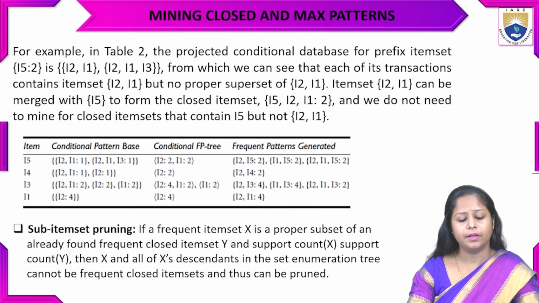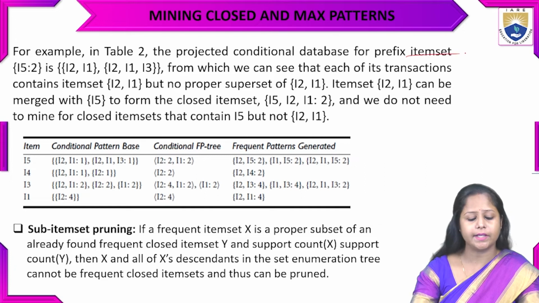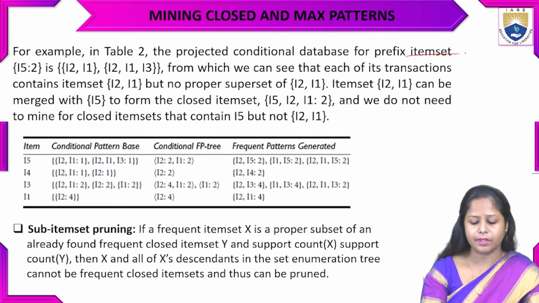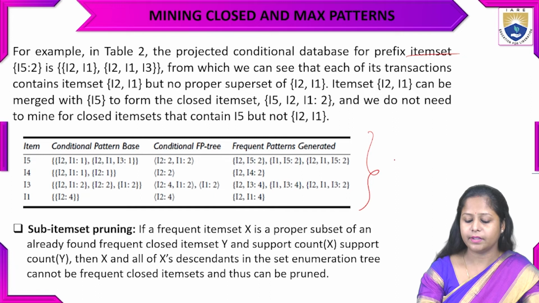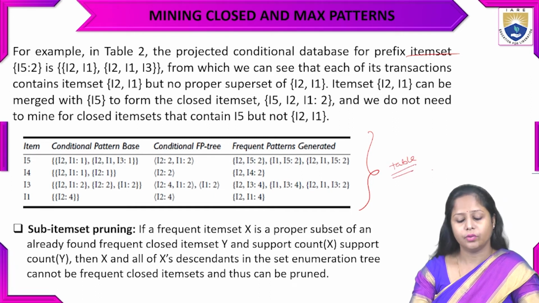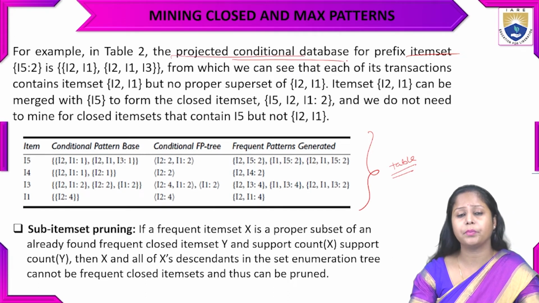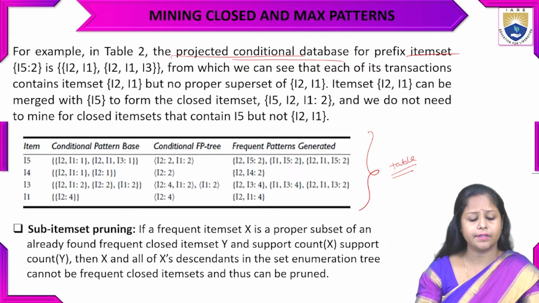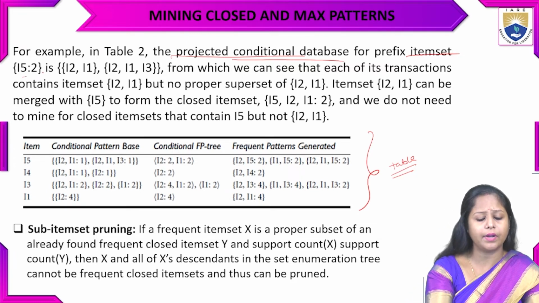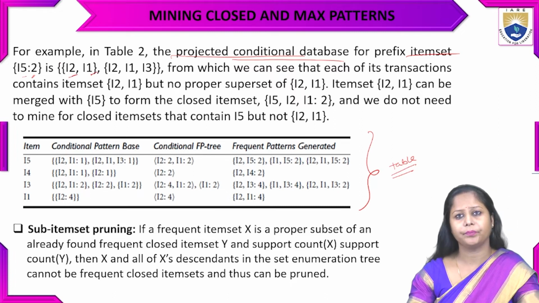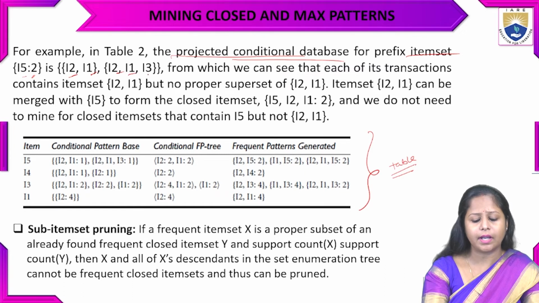For example, in table 2 that we have projected earlier, the projected conditional database for prefix item set I5, generated from the pruning process, is I2, I1, I2, I1, I3.